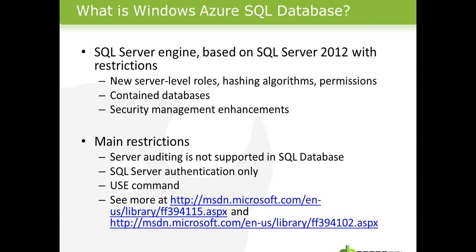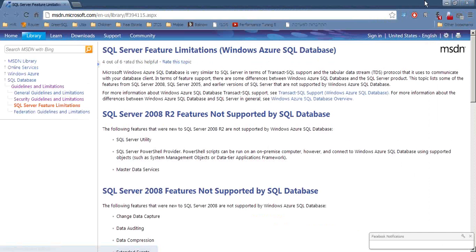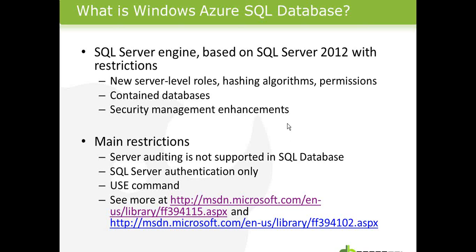You can see the full list of restrictions if you just follow any of these two URLs. You go to Microsoft's website, and there will be a full list of restrictions so that you will be able to understand the limitations of SQL Azure. So just after the webinar, click on those links and see for yourself what you can do and what you cannot do with SQL Database on Windows Azure.